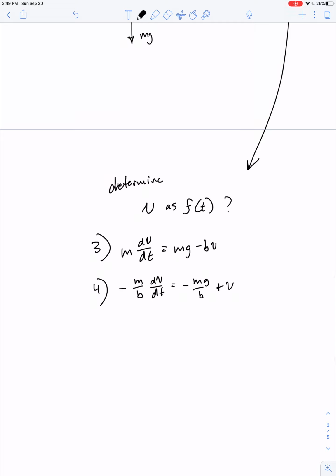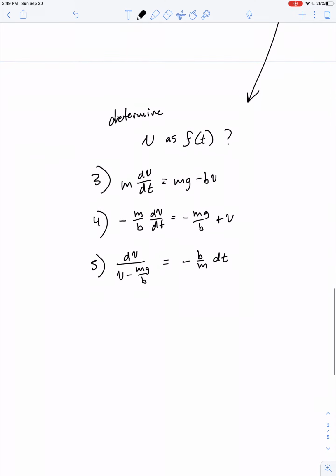Or in other words, dv divided by v minus mg over b is equal to negative b over m dt. So we've just done some cross multiplying here, right?